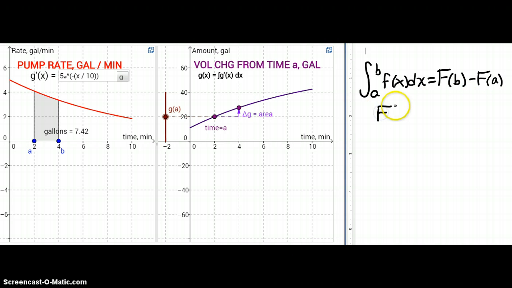In this case, the derivative of big F is little f, or if you like, the antiderivative of little f is big F.